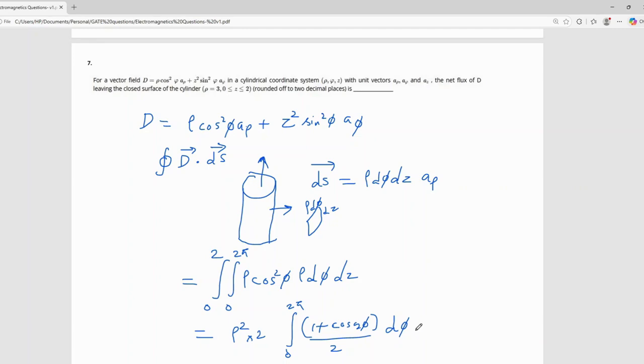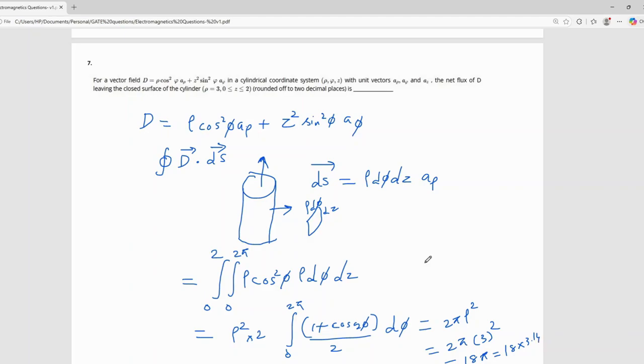So effectively, this becomes 2 pi rho squared, which is the flux that comes out of the surface, and we know that rho is 3, so it is 2 pi times 3 squared, that is 18 pi, which is 18 into 3.14.